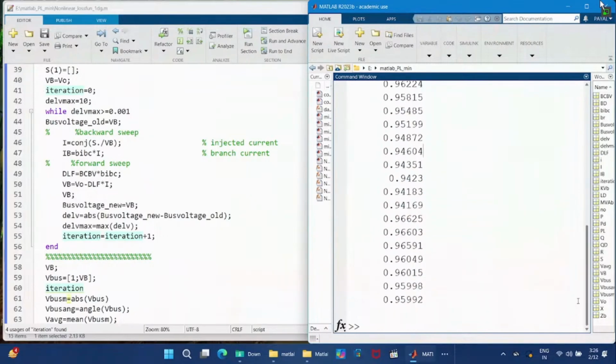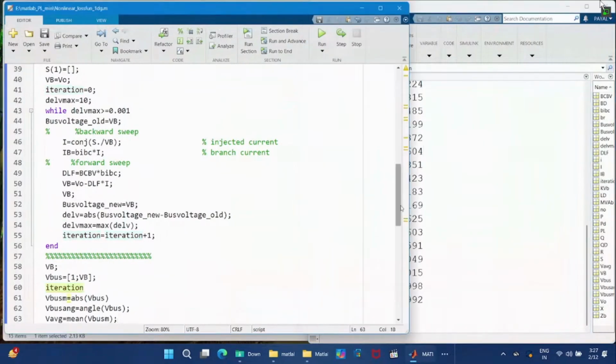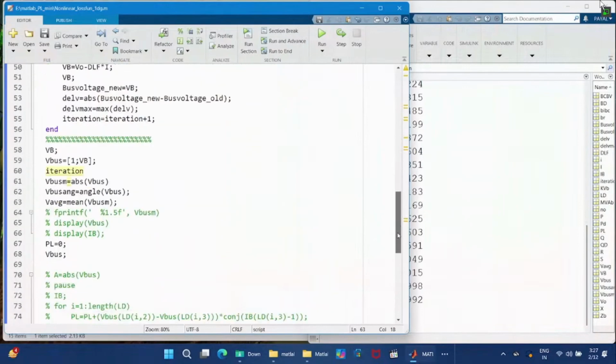And if we see the minimum voltage, I think bus number 27 has the minimum voltage.